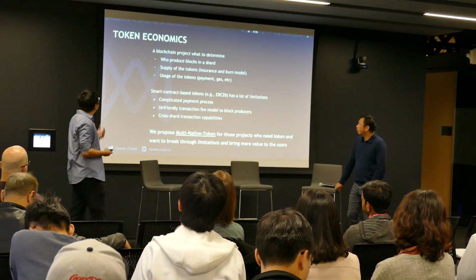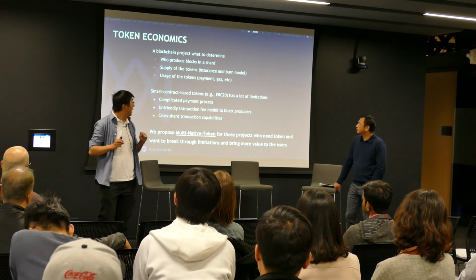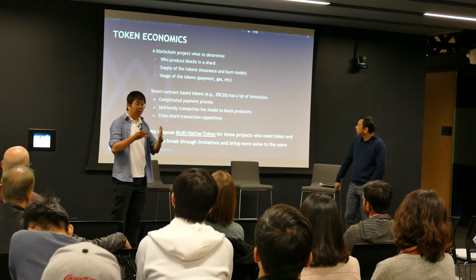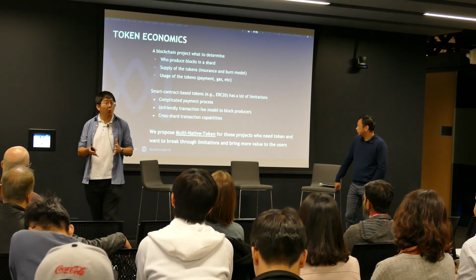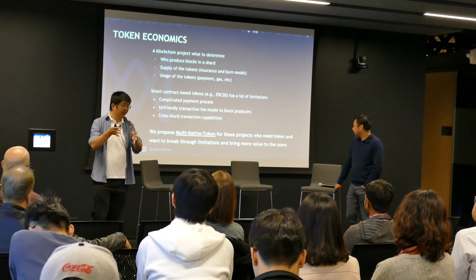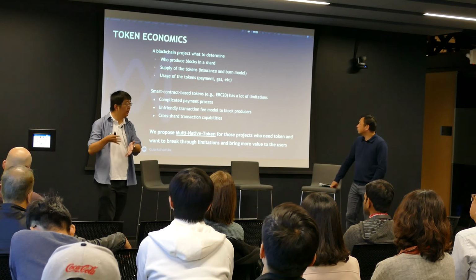In addition, one interesting thing we are going to propose is called multi-native token. We see that a lot of vertical domain blockchain projects create a single blockchain rather than deploying on top of Ethereum itself as a DApp.